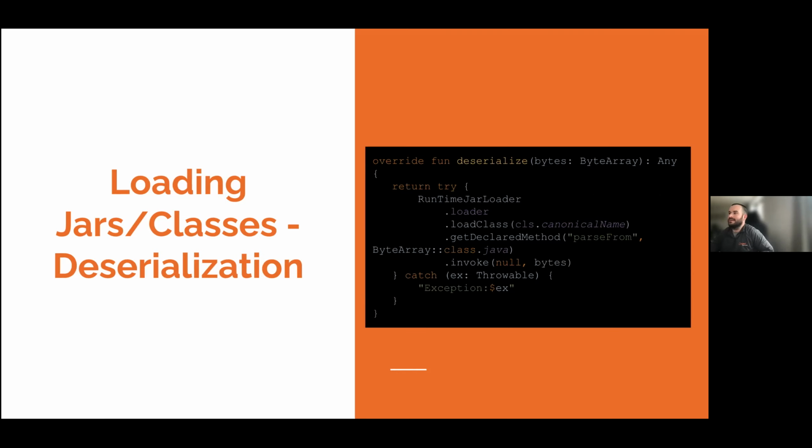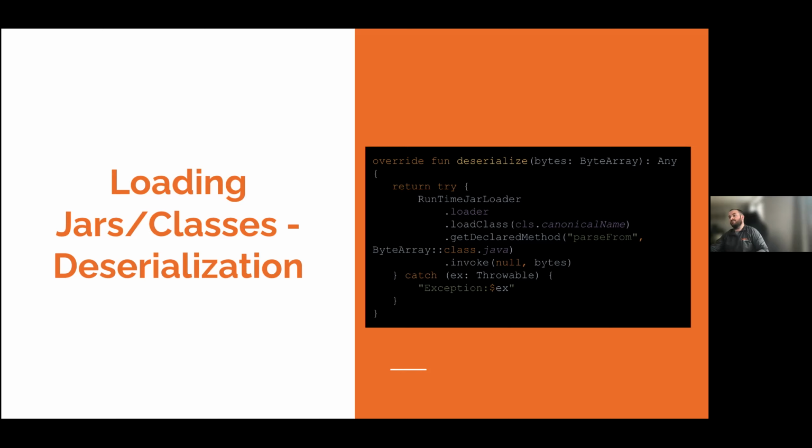The deserialize as well. So you've got that jar loader you've created earlier. You're loading the class, your deserialization class, and you're going to call the parse method. So this is just reflection in general, how to call a class at runtime. This is a static class, so you don't actually need to provide a class to use.